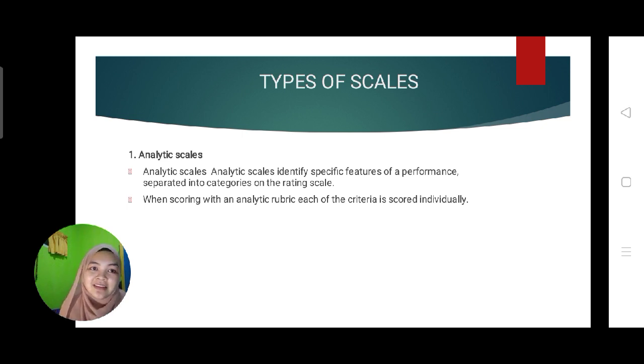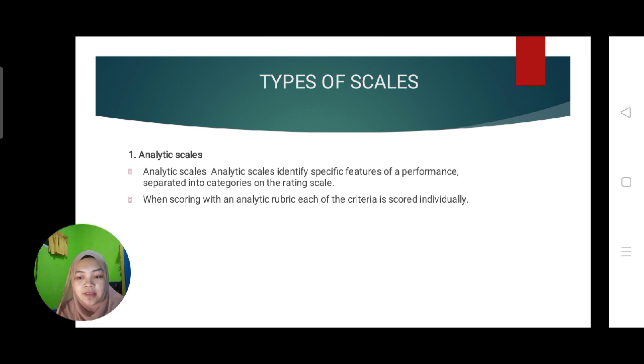Analytic scales identify specific features of a performance separated into categories on the rating scales. An analytic scale resembles a grid with the criteria for a student's product listed in the leftmost column, and the levels of performance listed across the top row, often using numbers and/or descriptive tags.